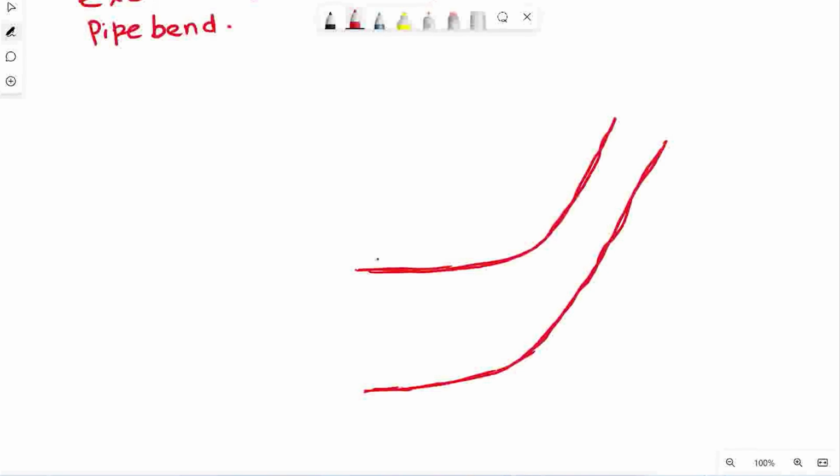Suppose this is the first section, and this is the second section. This is the direction here, and now the flow takes place here like this. This is how it flows.